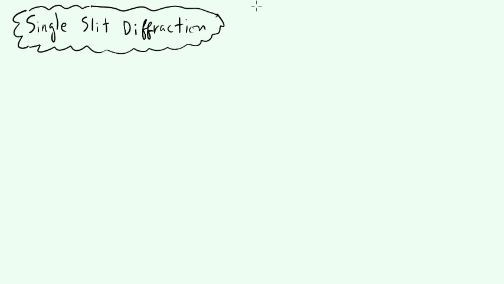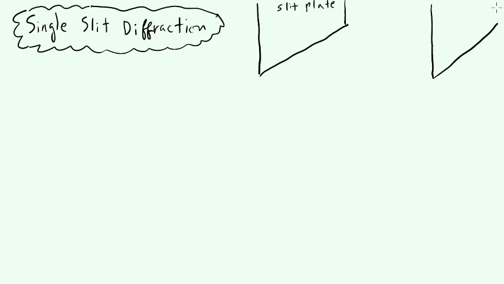So in order to discuss this, let's put this slit plate, and then let's put this screen. Let me use the coordinate system in such a way that we used to.